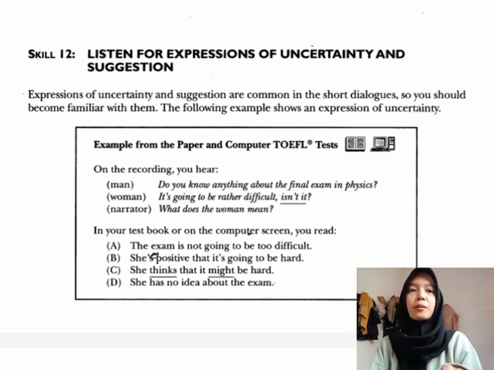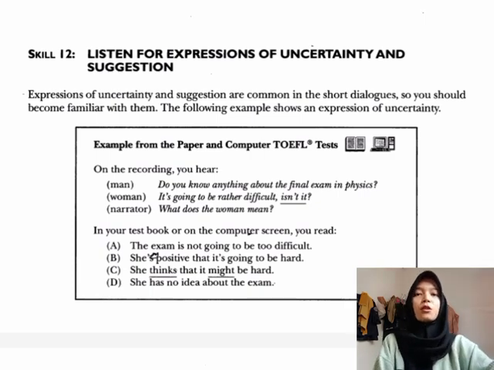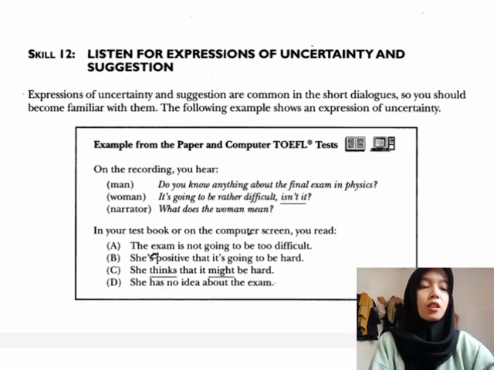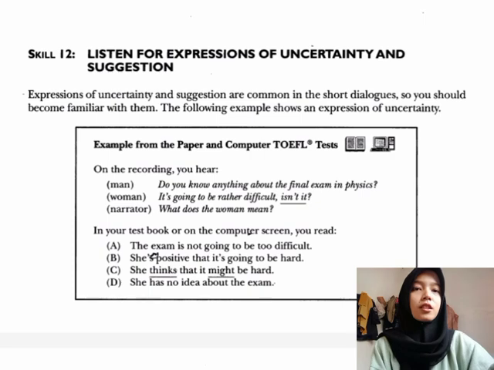And for suggestion, we learn about the question tag, and we find the sentence with a similar meaning to the answer.